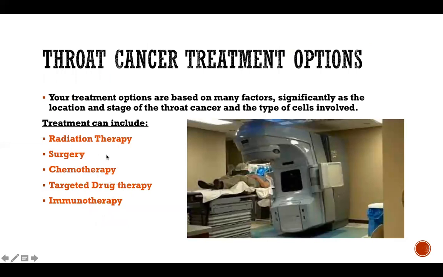Chemotherapy and surgery are typically the two most common treatment options, but all of these treatments depend on the stage of the cancer and how a patient's feeling. Do they want to get surgery, or would they rather have chemotherapy? It depends on the patient's feel, and also the doctor, and what they truly think will be the best treatment option to get rid of this type of cancer.